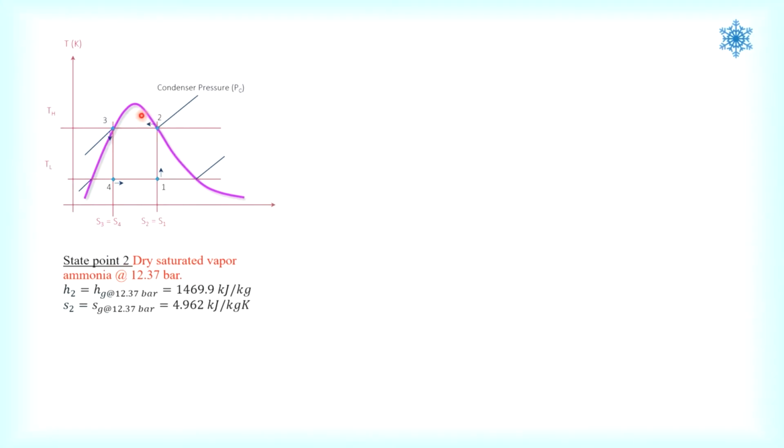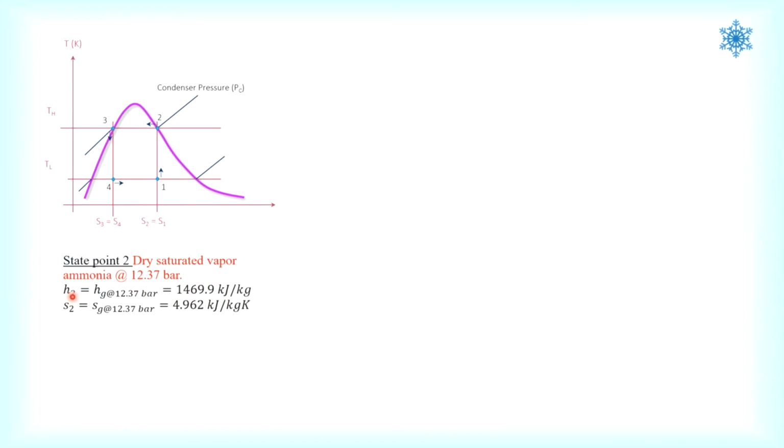So at state point 2, which is sitting on the dry saturated vapor of ammonia, the refrigerant, at this pressure, remember, dry saturated, you see it is sitting on the saturated vapor line. If you want to find H2, you can directly from the property table find out the Hg, which at 12.37 bar gives you 1469.9 kilojoules per kg.